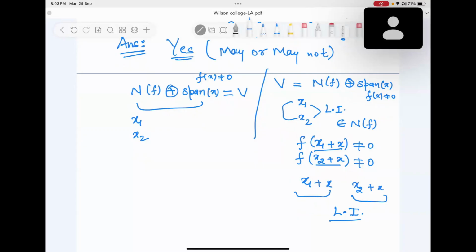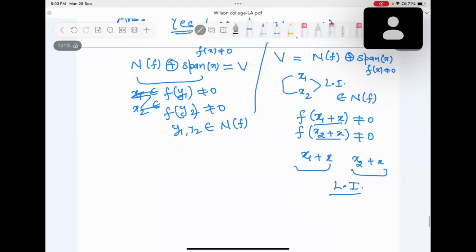But your question is, if it is given that both members, let me write y1 and y2, with f of y1 not equal to 0 and f of y2 not equal to 0, then of course they do not belong to the null space of f.